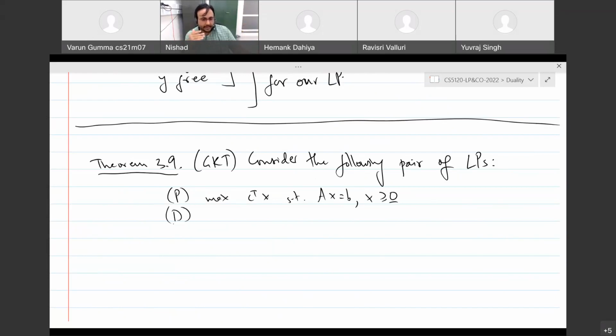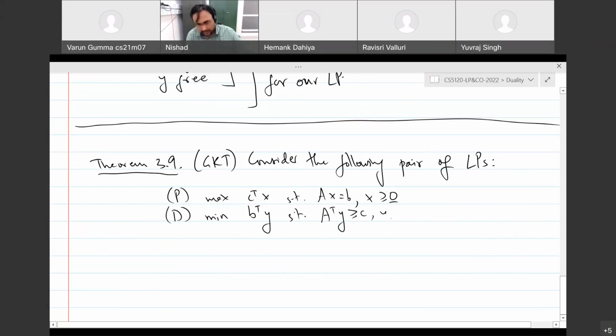But the whole point is that if you forget it, you should be able to derive it yourself by going through the arguments that we did in this lecture. I'll also give you some practice problems to become comfortable with this. So for this LP P, the dual LP looks exactly like what we wrote down.